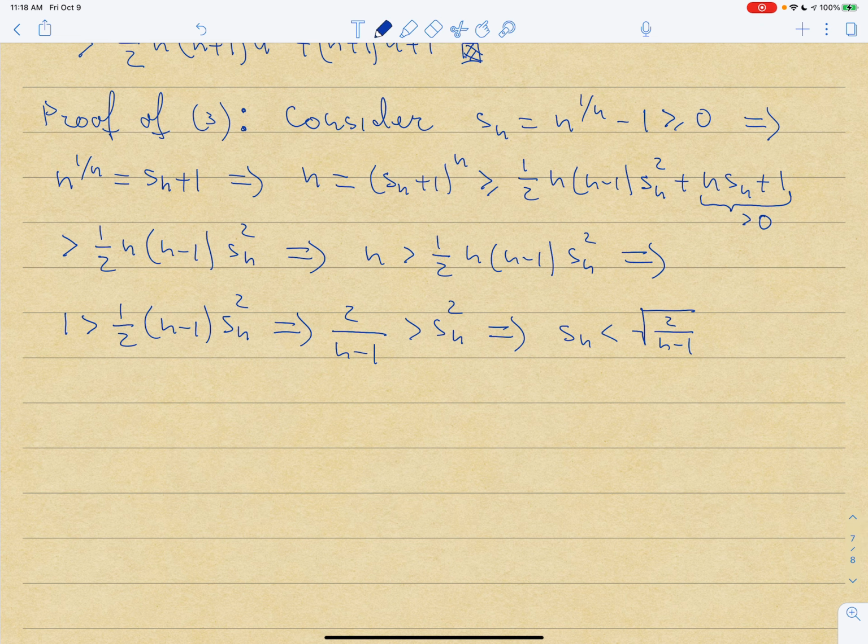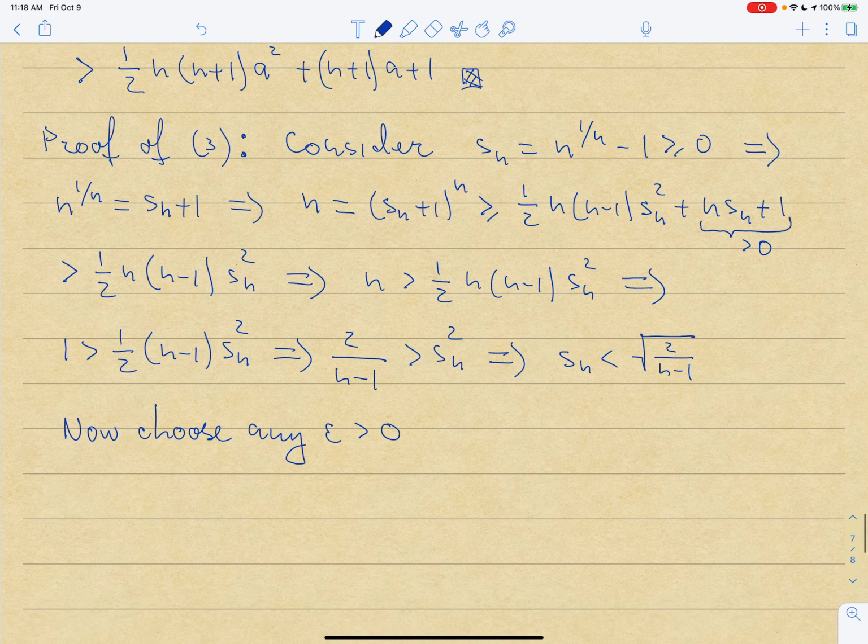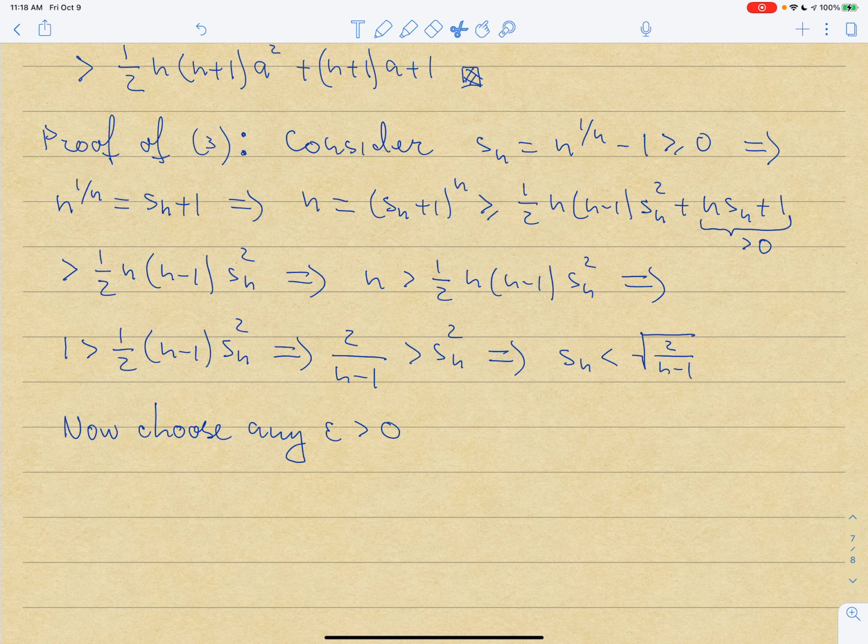So now choose any epsilon greater than 0, and what I want is this quantity Sn minus 0 to be less than epsilon. Because if I want n to the power 1 over n to go to 1, then I would expect that n to the 1 over n minus 1 should go to 0.